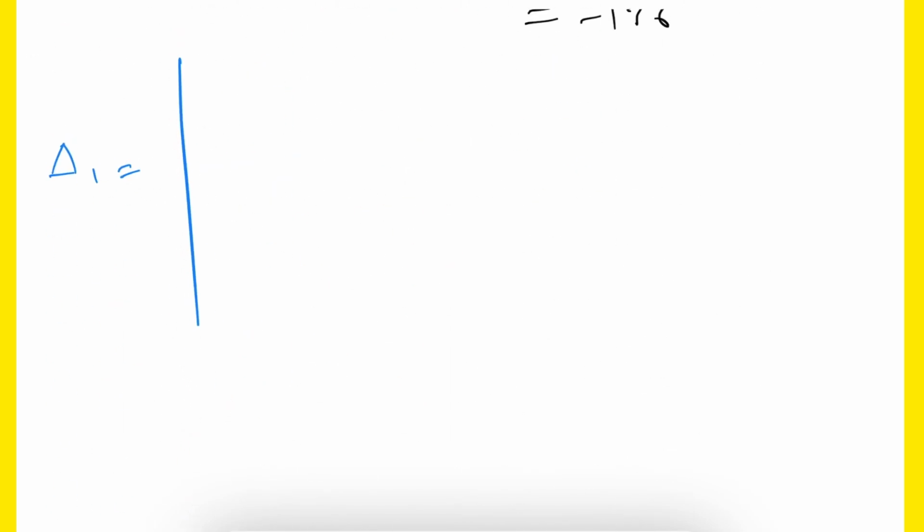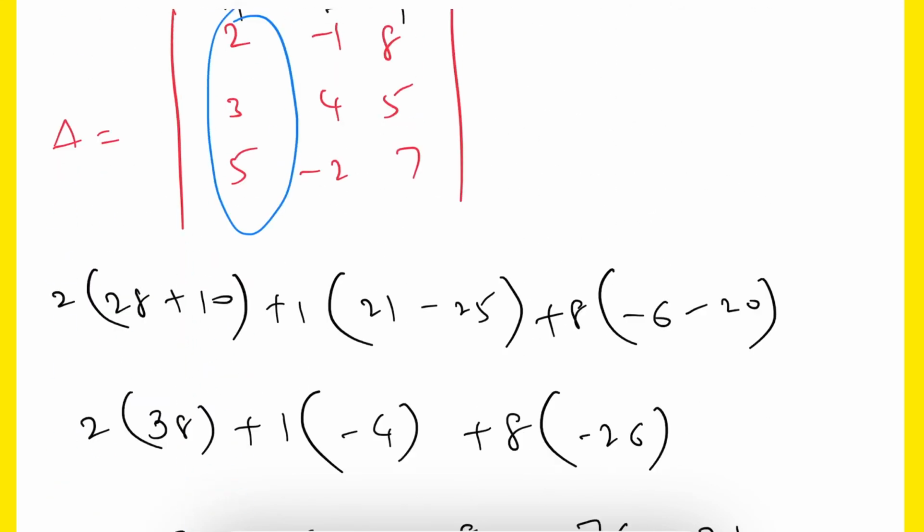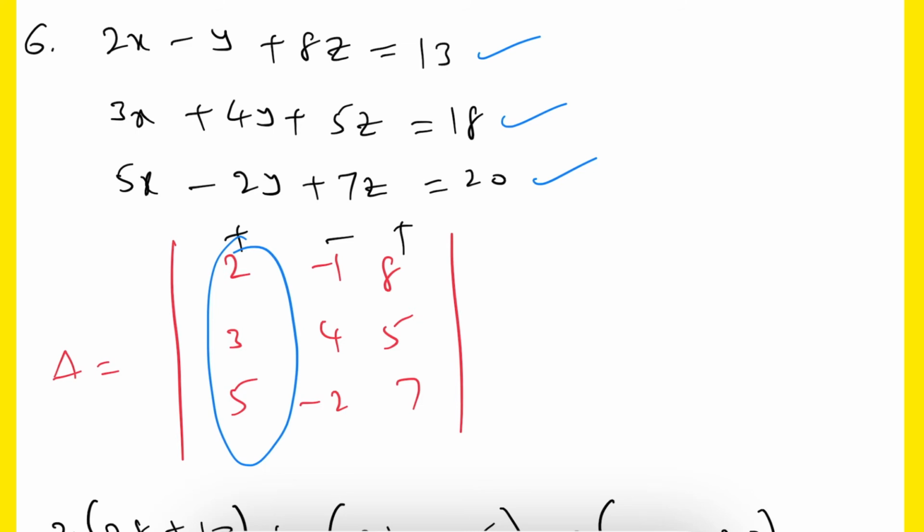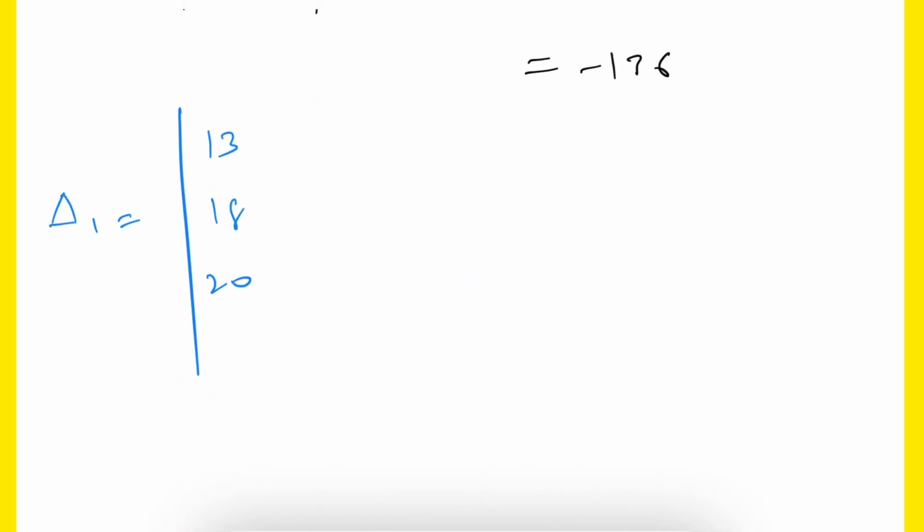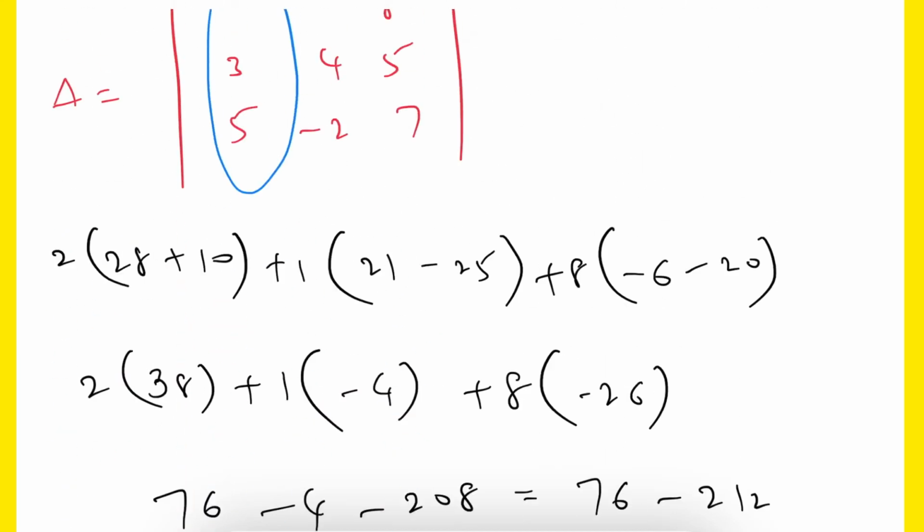So first column will become 13, 18 and 20. Then second column, third column as usual. Second column is minus 1, 4, minus 2. Then third will be 8, 5, 7. Sorry, not minus. Let me confirm. Plus 7 only.